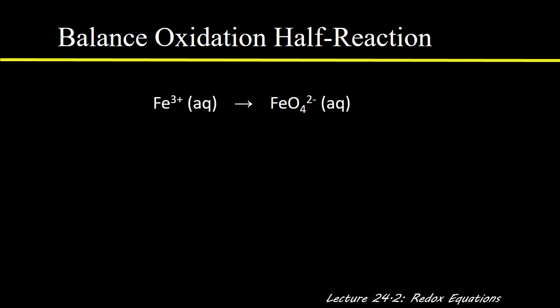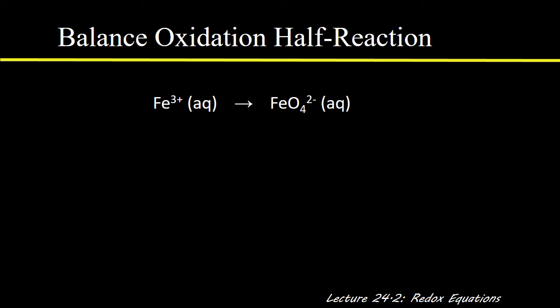All right, so here is our oxidation half reaction. Fe3+ going to FeO4 2-. Remember our steps. The first step is to balance the exotic elements. The exotic element here would be iron. There's 1 on each side, so it's already balanced. The next step is to balance oxygens by adding water.